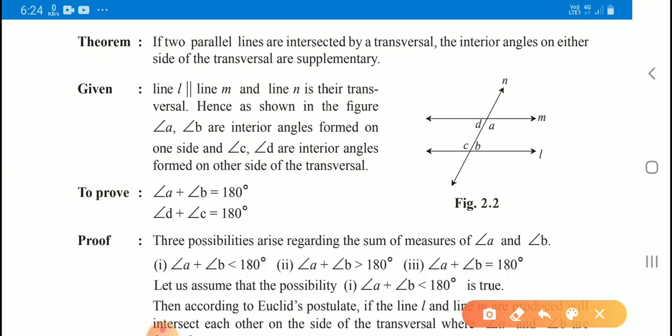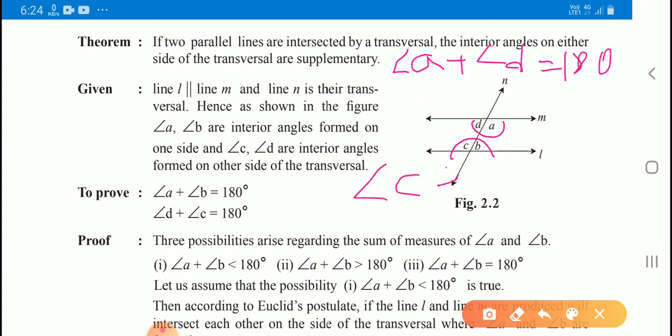Here you can see that angle A and angle D, as well as angle C and angle B, are linear pairs of angles. Means you can write here angle A plus angle D is 180 degrees, then angle C plus angle B is equal to 180 degrees.